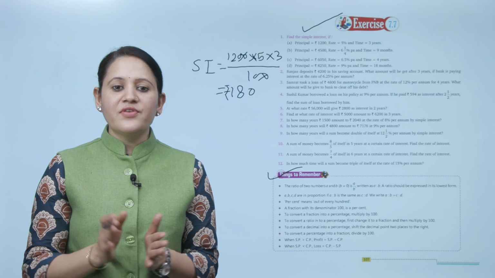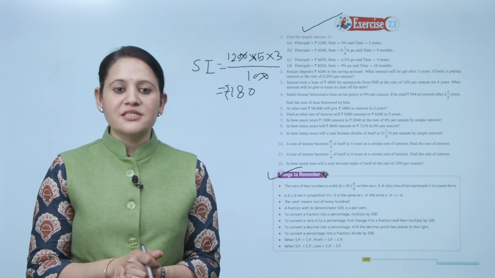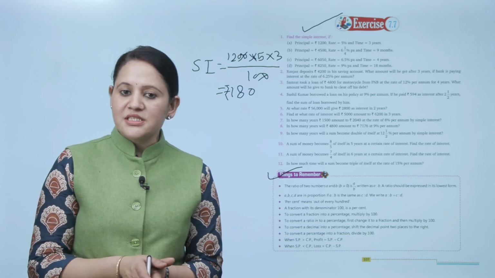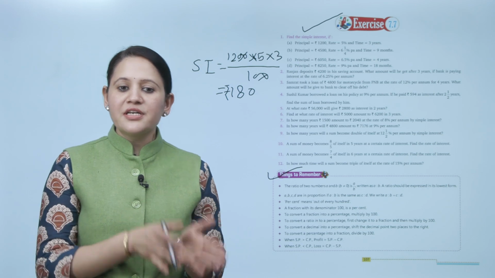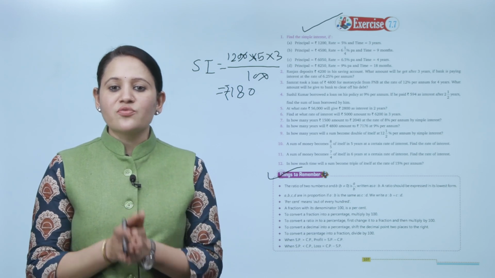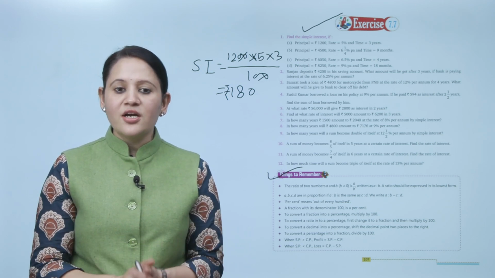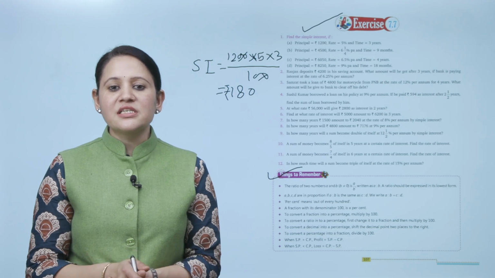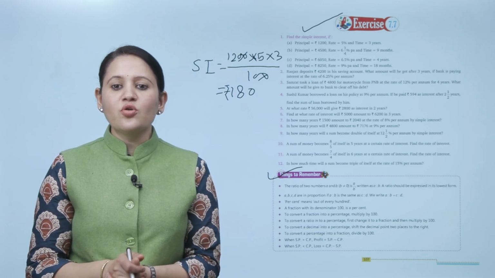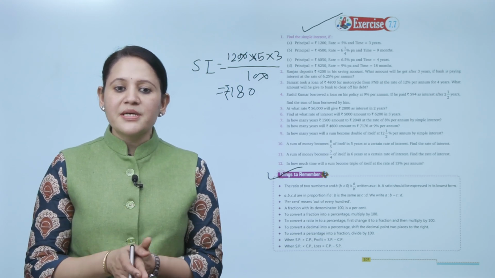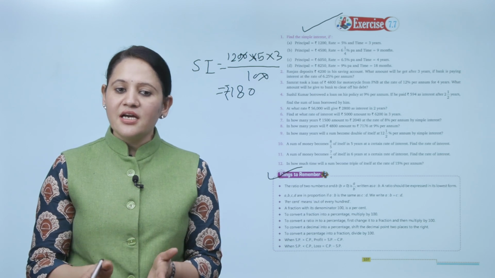A fraction with its denominator 100 is the percent. To convert a fraction into percent, multiply by 100. To convert a ratio into percentage, first change into fraction and then multiply by 100. To convert a decimal into percentage, shift the decimal point 2 place to the right. To convert a percentage into a fraction, divide by 100.